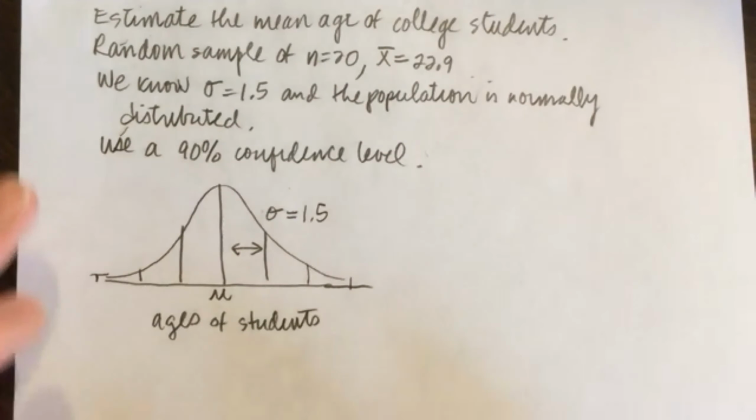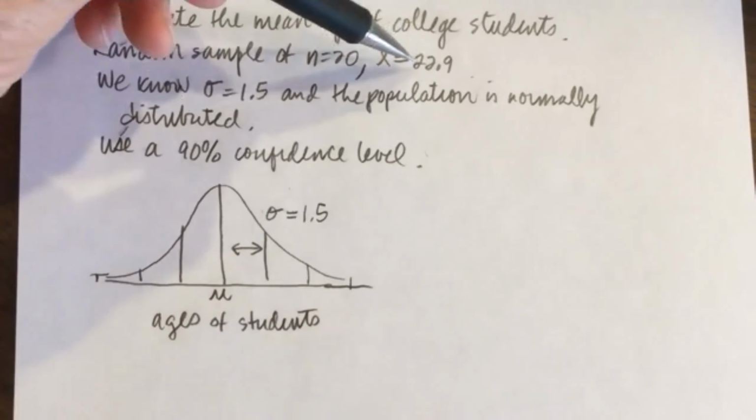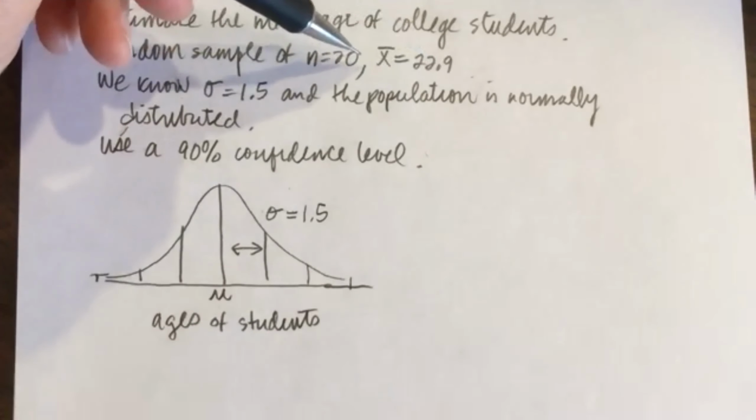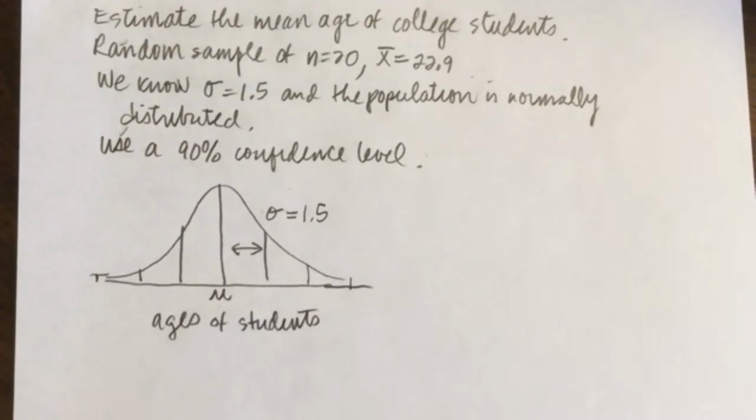So now what we want to do is take a sample. We take a sample of size 20, and we get an average age of 22.9. And so we want to say, how weird is this average of 22.9, based on a sample of size 20? So what you would look at is the distribution of all possible samples.